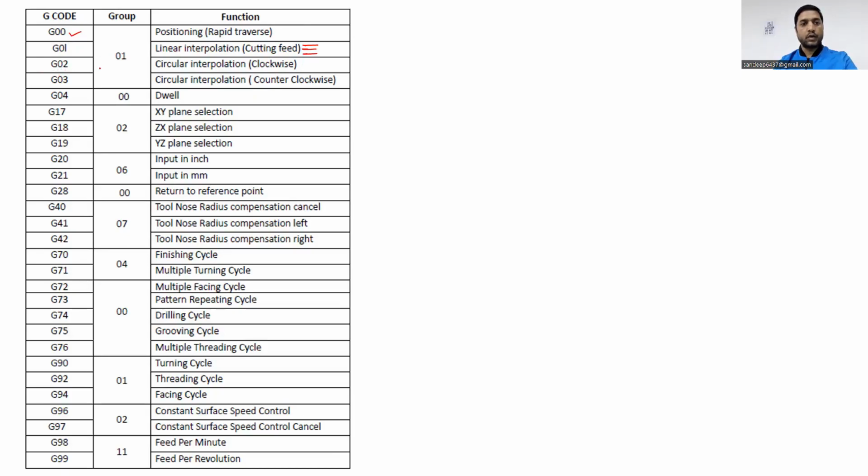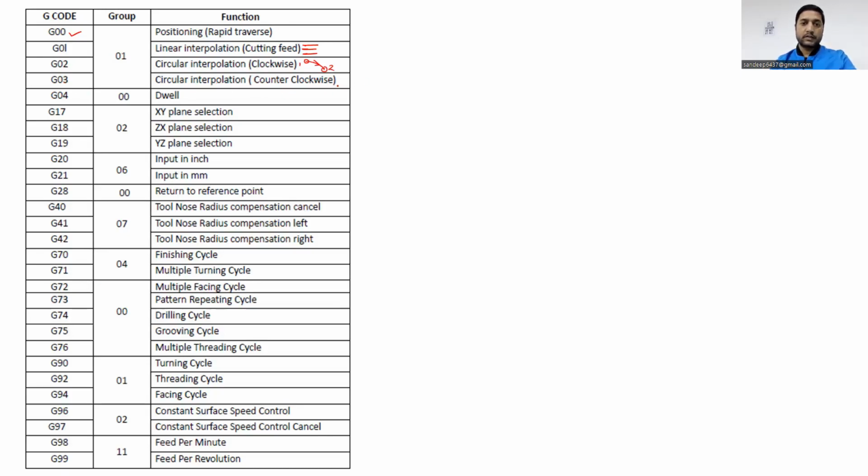Next, we have G02, circular interpolation clockwise. Suppose we are moving in an arc from point number 1 to point number 2, as you can see here, in a clockwise direction, and we are removing material from the workpiece. In such cases, we will use our G02 code. G03 is for circular interpolation counterclockwise.